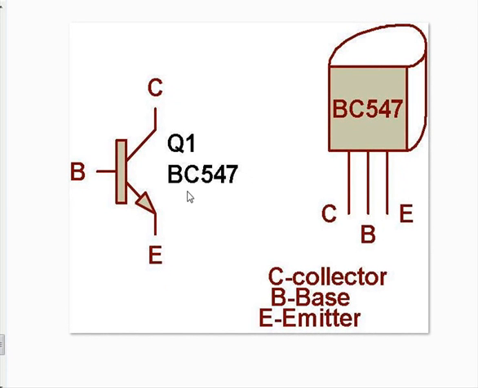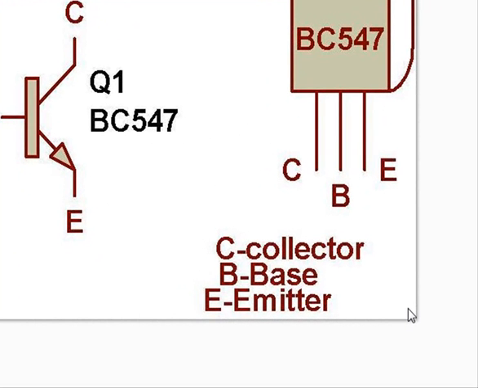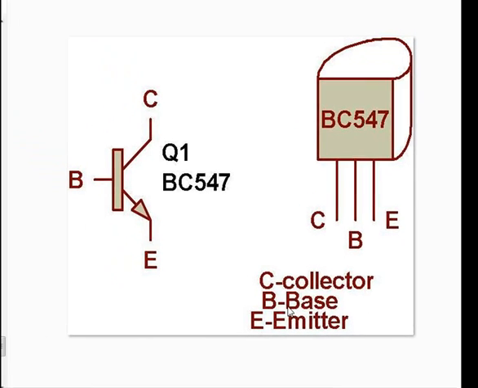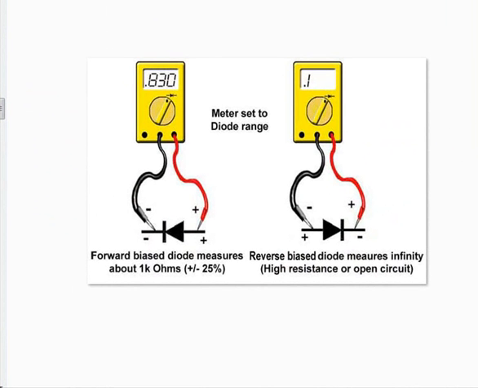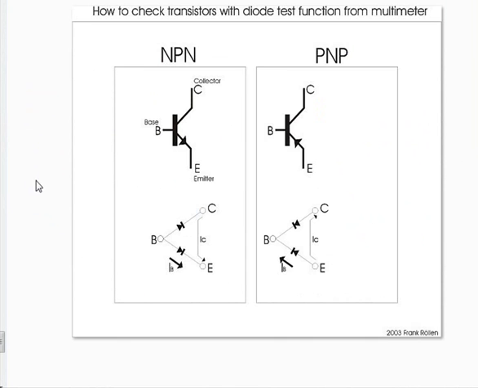A typical transistor BC547, 548, 549, they are all NPN transistors. That means the arrow is down at the emitter end. You will identify them like this and test them as per the diode combinations which we have discussed just before, in the diode mode like this.